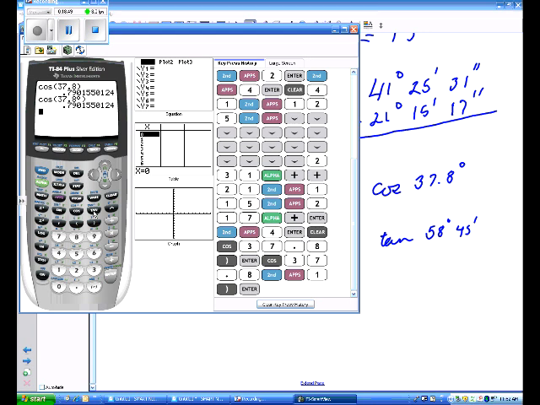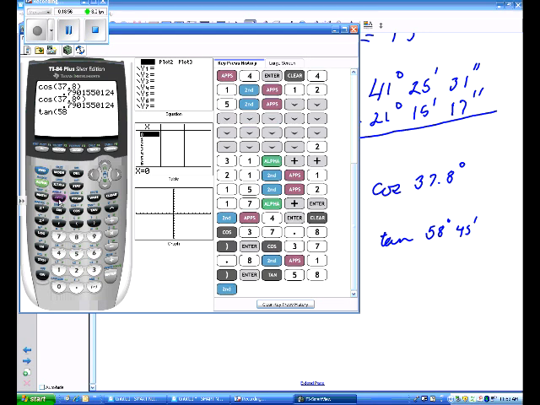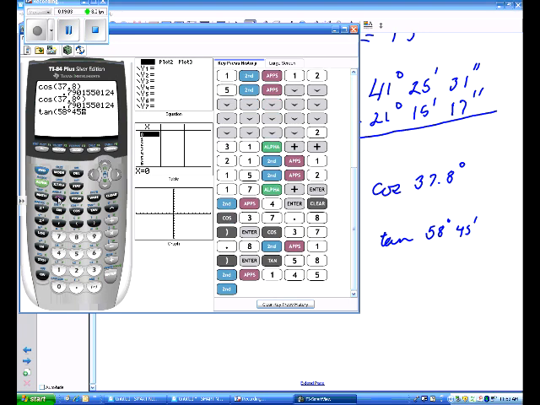Okay, and if we wanted the tangent, now here, since it's in degrees and minutes, we have to put our symbols. So 58 degrees, 45 minutes. And we get some big long number. Now most of the time we don't want that many decimal places, so most of the time we'll round to 4 decimal places is the usual number.